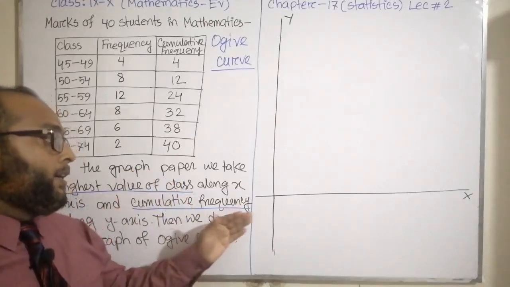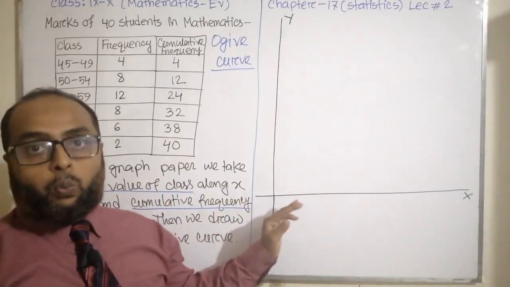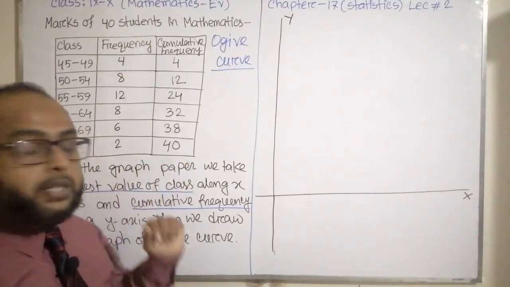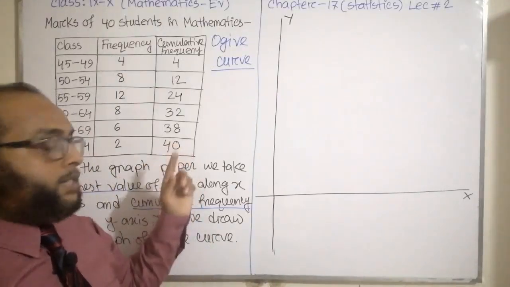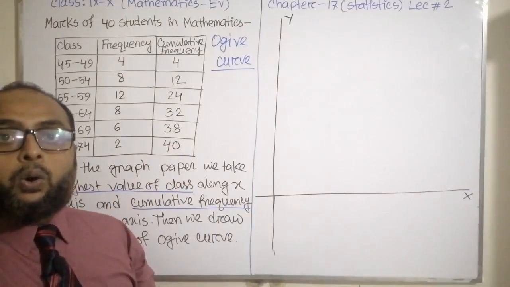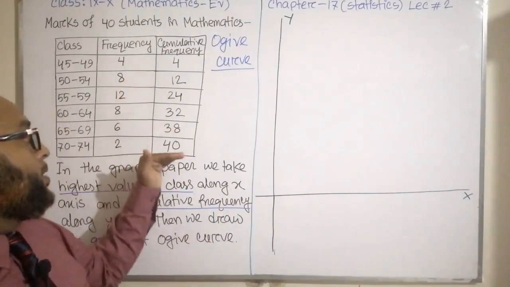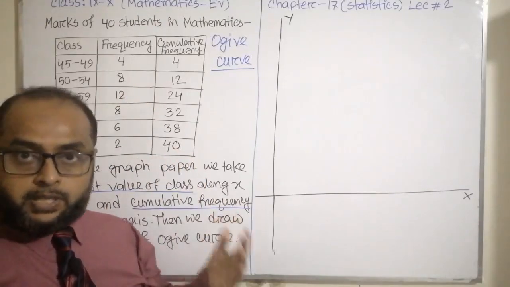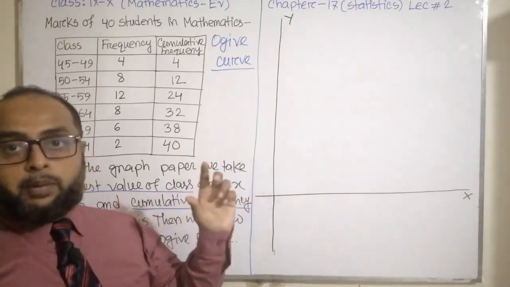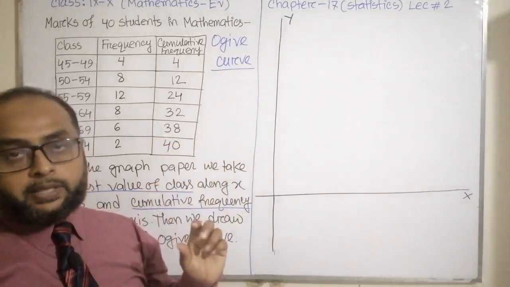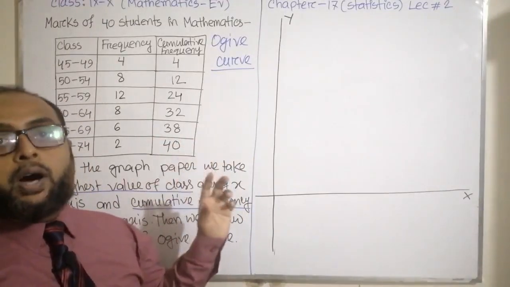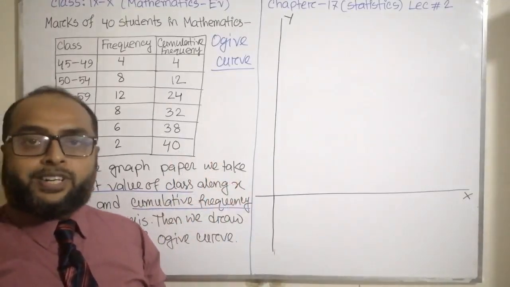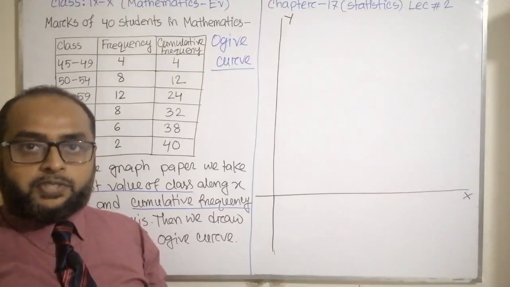So we can take 1 square equal to 1 along the x-axis, and here the highest frequency is 40. Also we can take 1 square equal to 1 unit. If the total frequency is more than 40, that means 50, 60, 70, and you have a graph of a small size, then you can take 1 square equal to 2 units or 3 units. This depends on your graph paper's size.